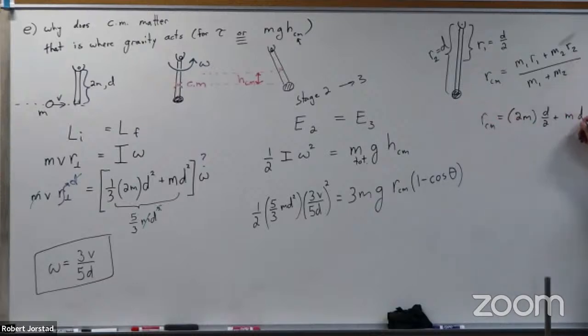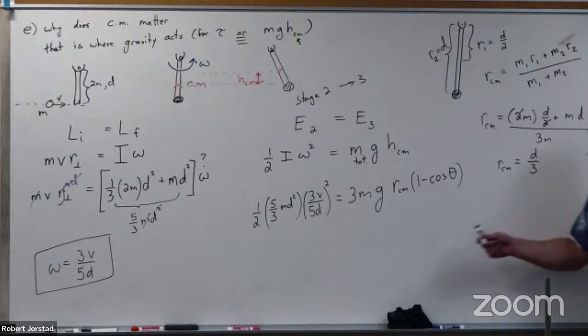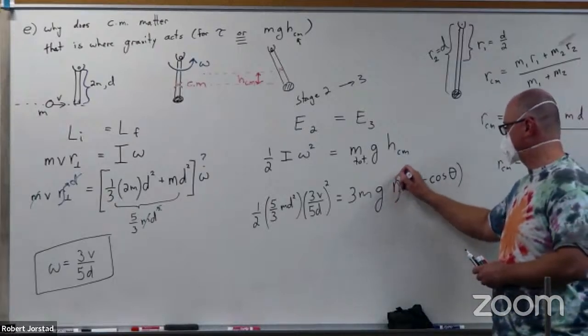Radius 2 is the full d. Notice the radius to the center of mass is equal to what? D over 3? How convenient. This is D over 3.